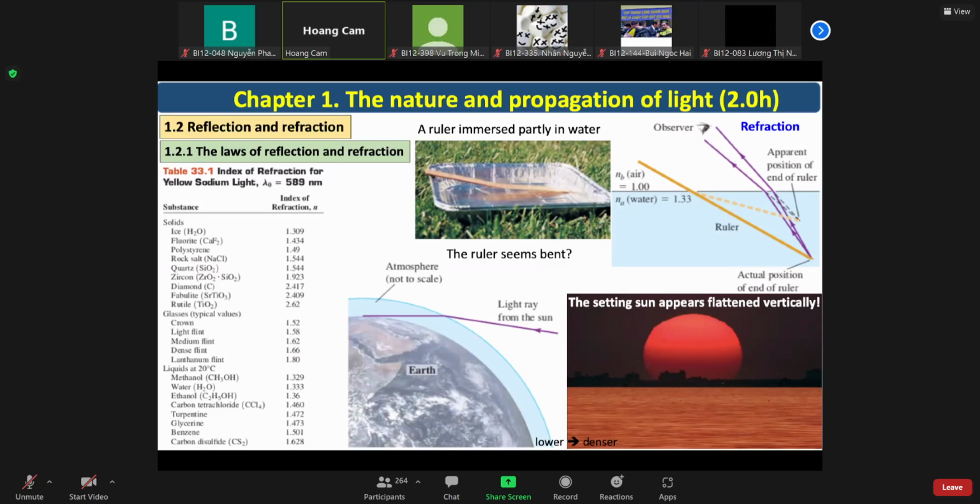Also we have the experiment to verify the velocity of light, and also the values of the refractive index of the glass. I do hope that you have a chance to do this work as well. Okay.